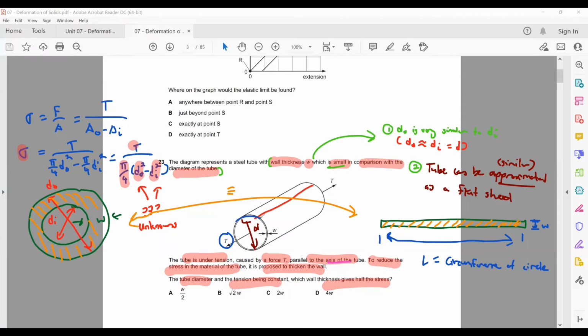Okay, because you can imagine that this entire length here is actually the circumference of your circle. So circumference of a circle, you learn it as pi d. Okay, so this is now another way of looking at the same question.